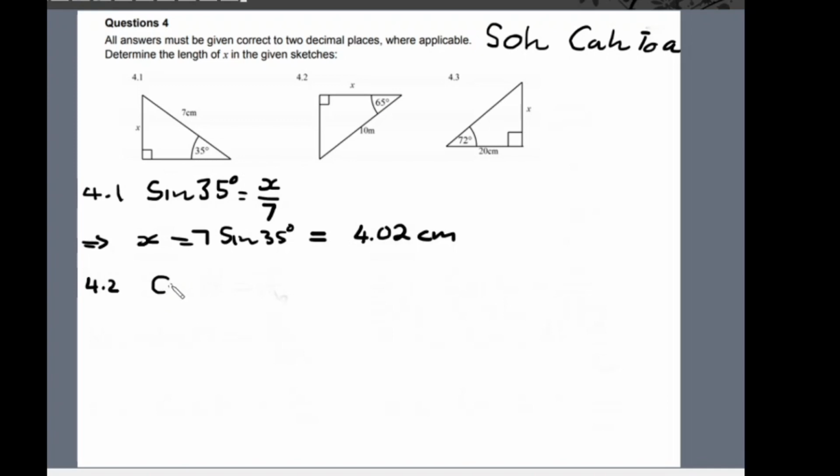So now we take cos 65 degrees, that will be x over 10, which implies that x is equal to 10 cos 65. Now press your calculator, that is 4.23 centimeters.